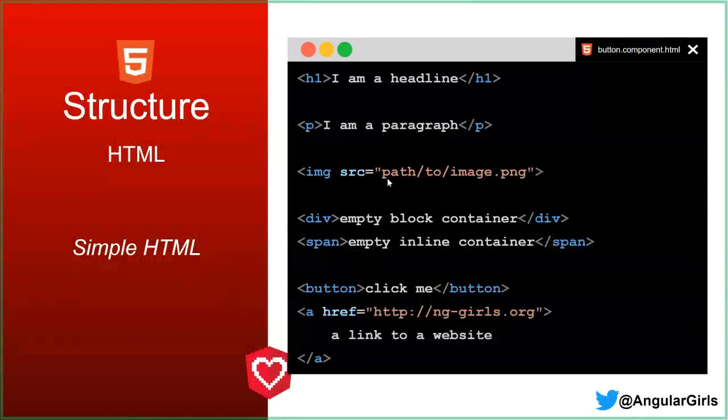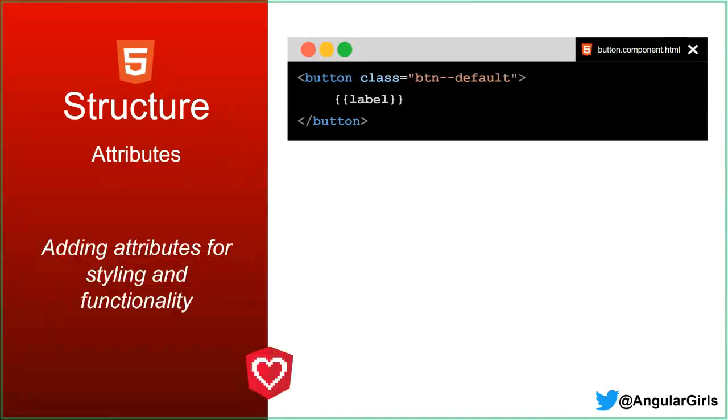So we have a few more. The image tag is for displaying images. Div and span are for just wrapping something around. Button is to display a button, and very important, a link tag called anchor is for making links. Just a very short overview. Then on every tag, you also have attributes.